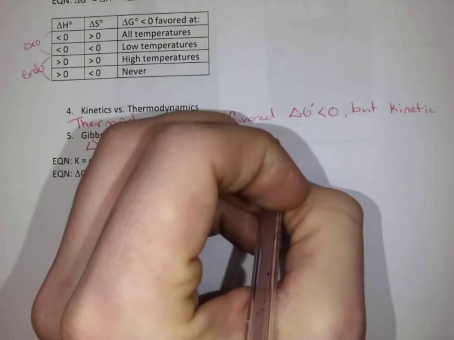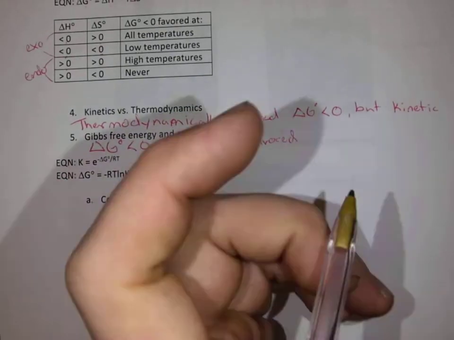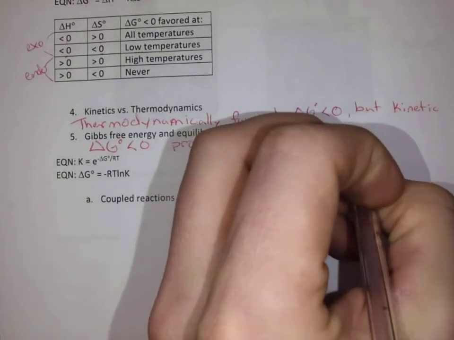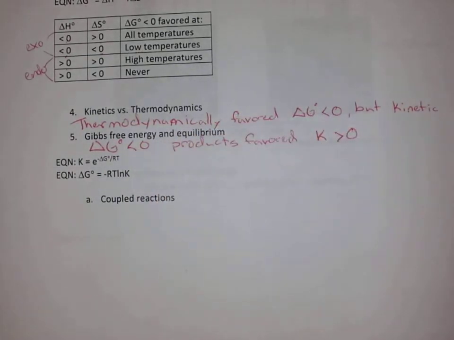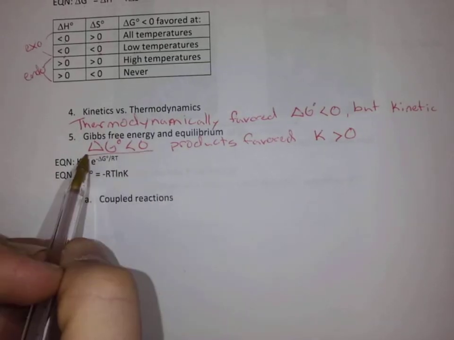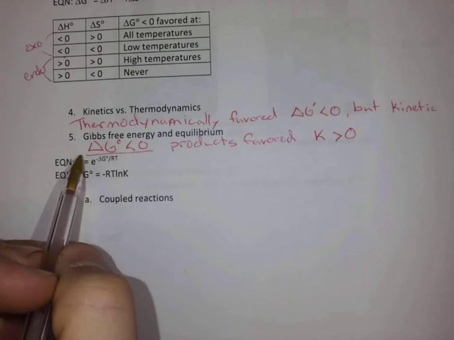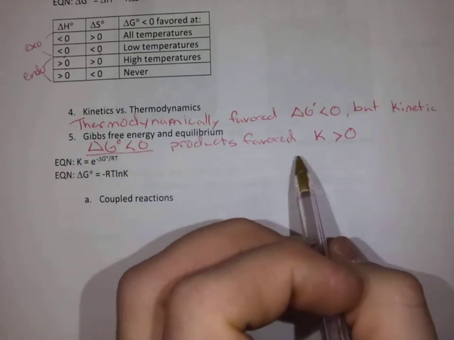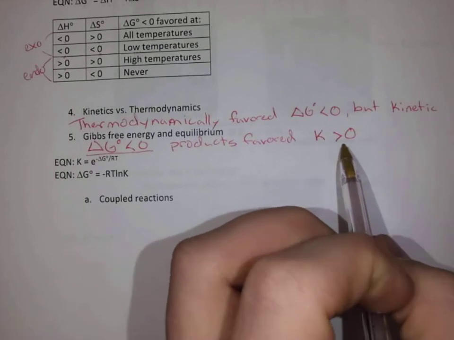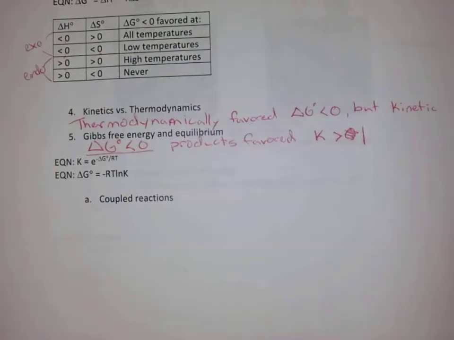If we think about products being favored and we think about equilibrium, that means our K value is going to be greater than 1, not greater than 0. So we have a negative delta G naught, and K is greater than 1.